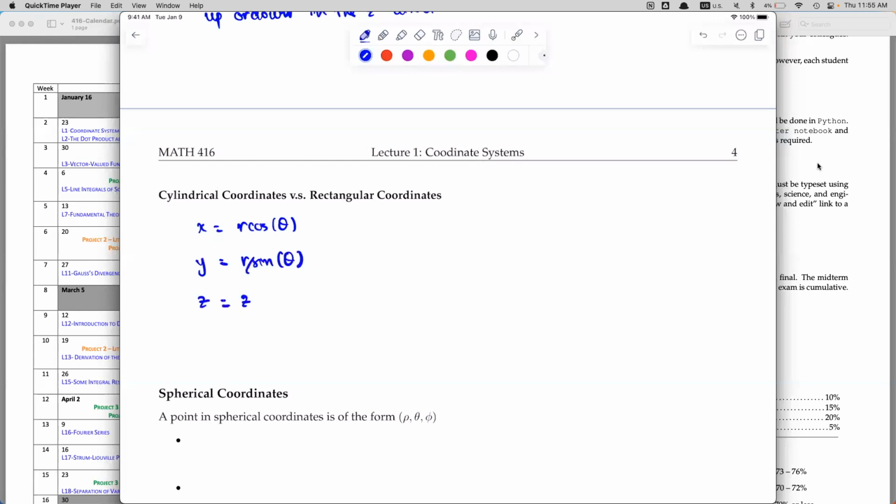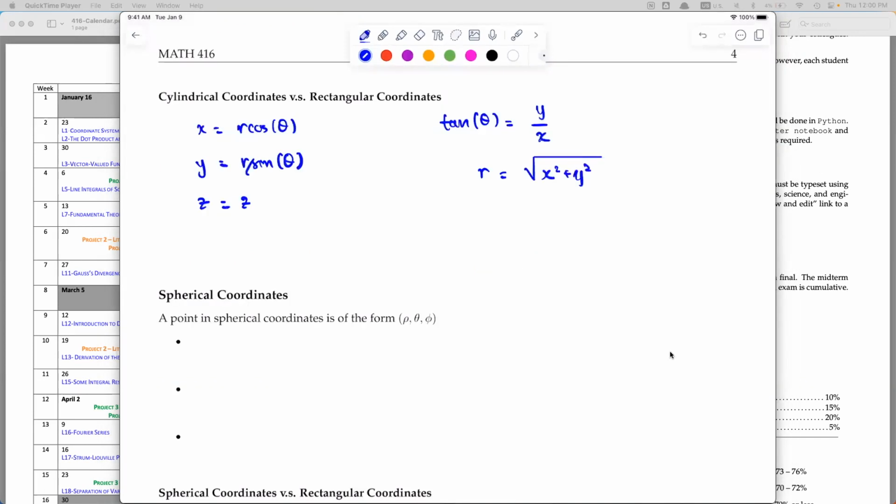And z is just equal to z. Very straightforward. Now tangent of theta is equal to y over x. r again is equal to the square root of x squared plus y squared. We just have an extra component in the z direction.